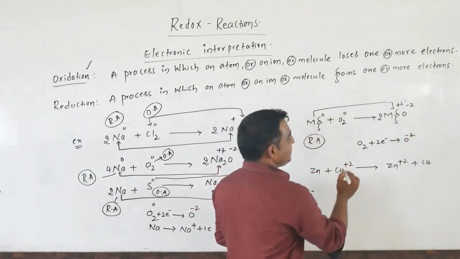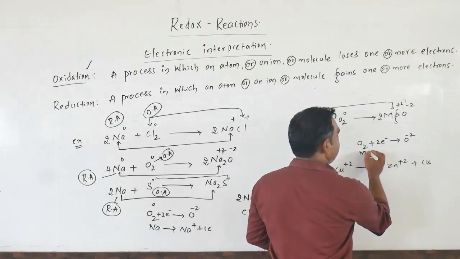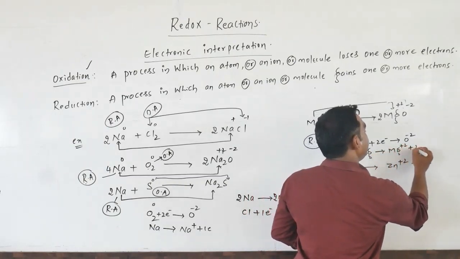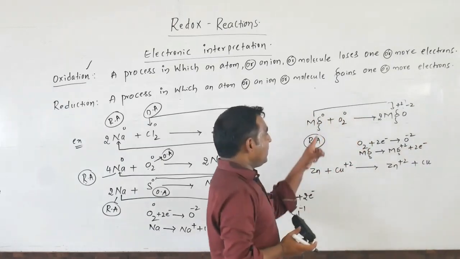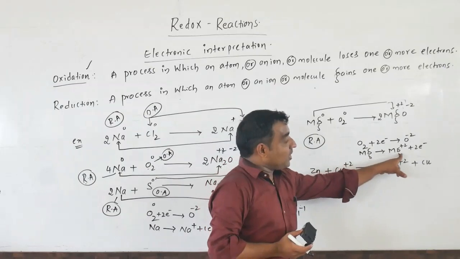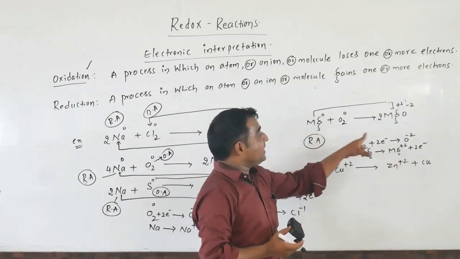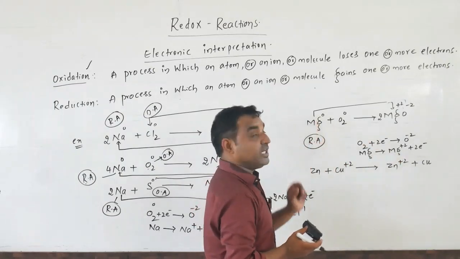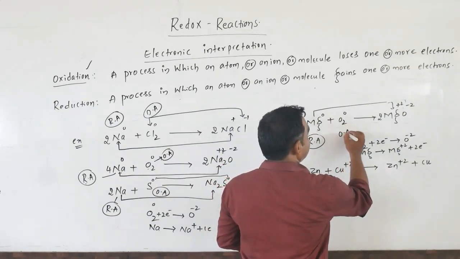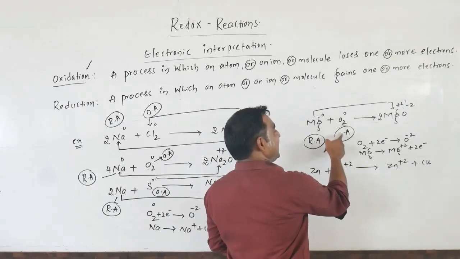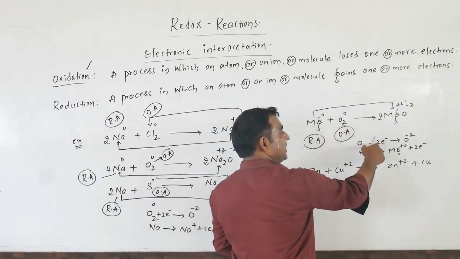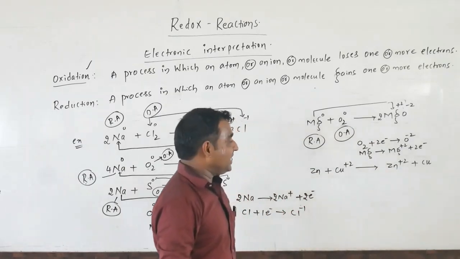Magnesium is converted into magnesium plus 2 by loss of 2 electrons. So it is a reducing agent: it is itself oxidized and reduces the other. Oxygen is called an oxidizing agent: it oxidizes magnesium, while itself being reduced.